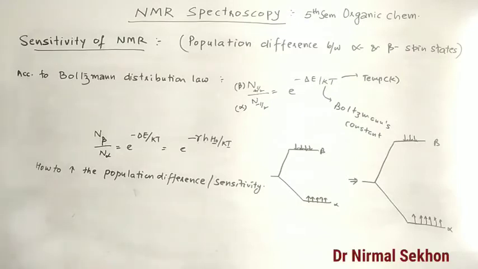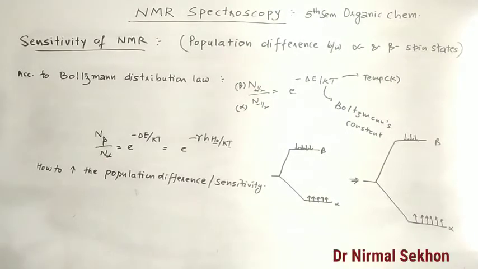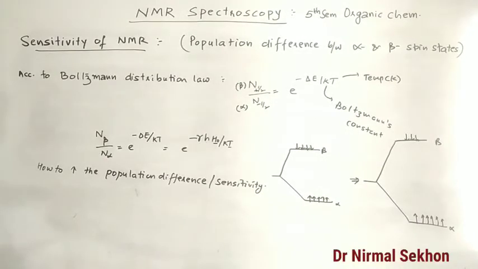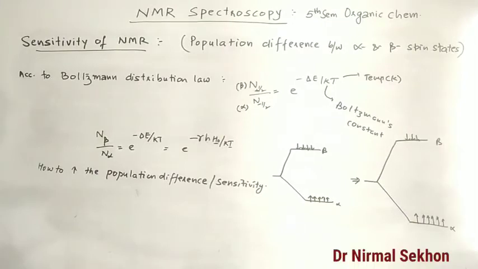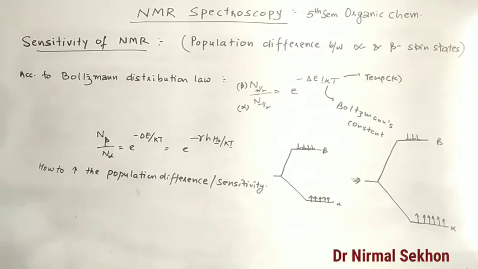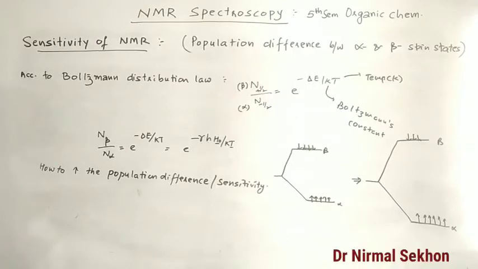So the total net energy observed will depend upon the difference in population, like how many nuclei are in the ground state minus the nuclei in the excited state. If they are equal, then there is no net excitation and the signal will be zero.